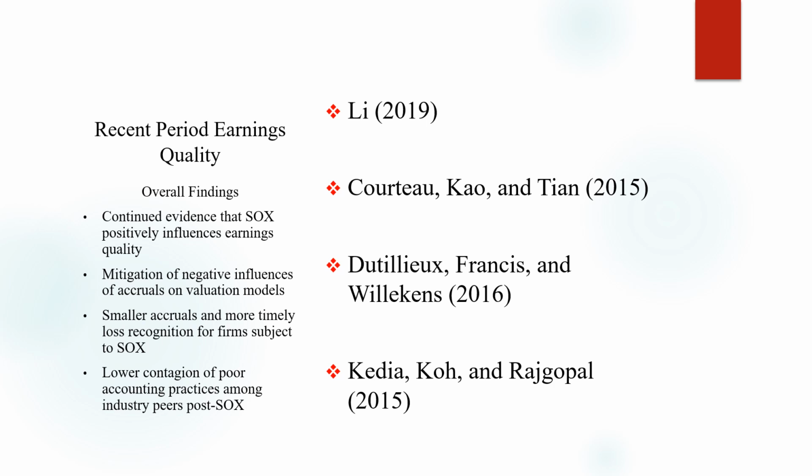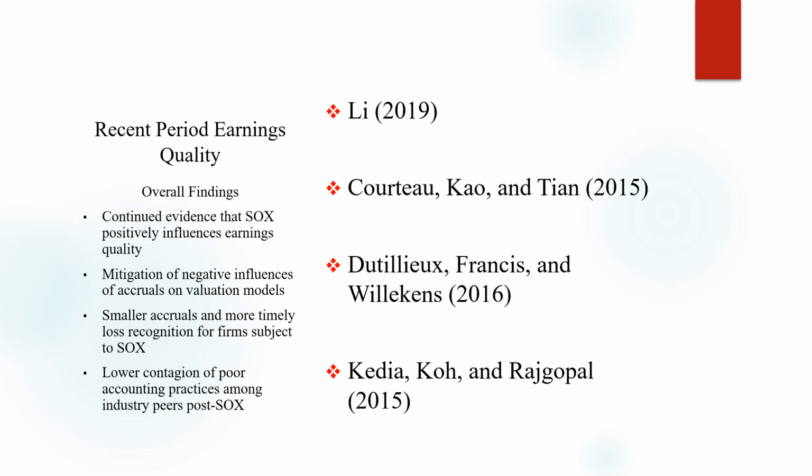And the Kedia, Cohen, Rajgopal 2015 paper, they found that firms were less likely post Sarbanes-Oxley to adopt poor accounting practices from their industry peers. Prior to Sarbanes-Oxley, what you would often see is that if firms in an industry began using some type of accounting practice which was advantageous to them, but would also be seen as a poor accounting practice, possibly weakening earnings quality, that would often be adopted throughout the industry fairly rapidly.